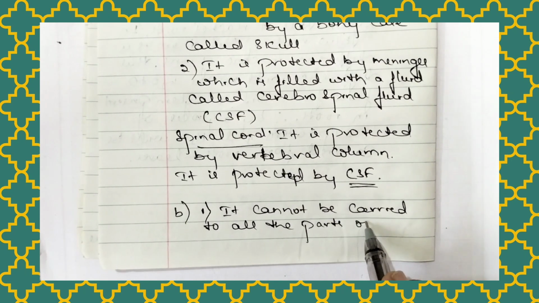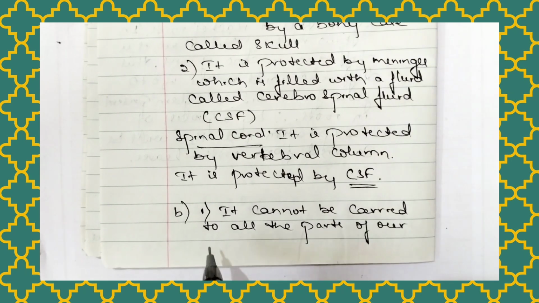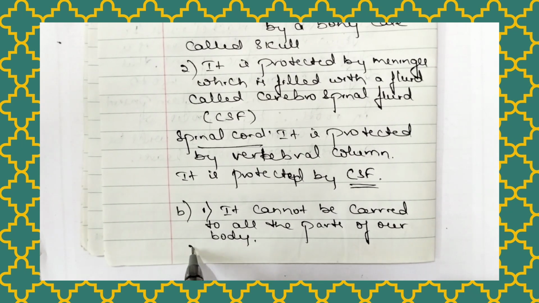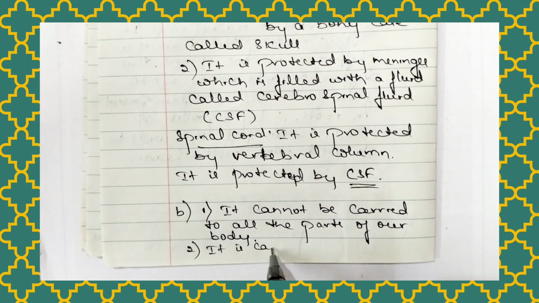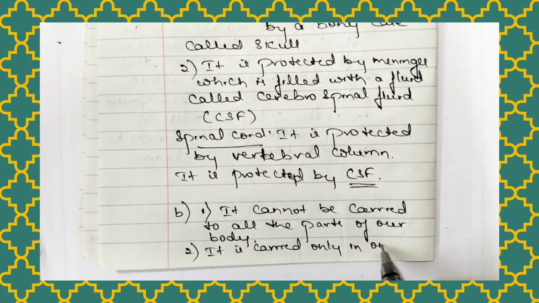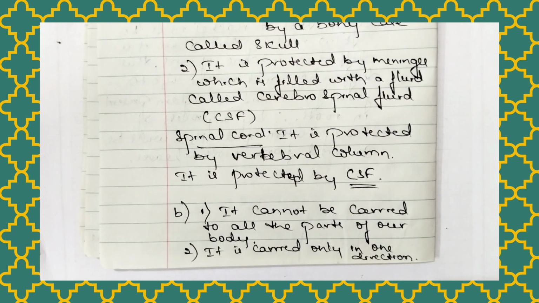Wherever nerves are there it will be carried. Second, it is carried only in one direction. So these are the limitations of electrical impulses.